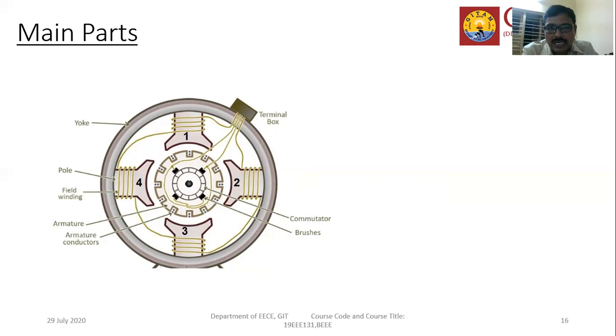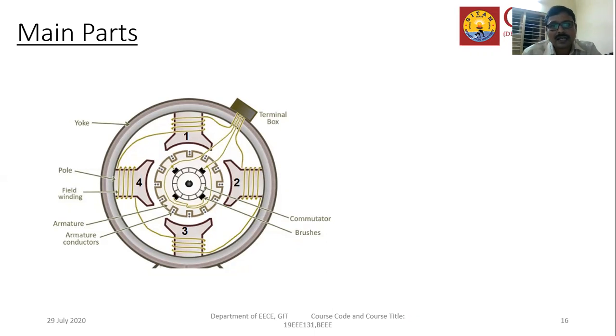Because of the rotation, the flux linking the conductors will change. As a result, you will have an EMF induced in all the conductors of the armature, right? So that is how a DC generator works, right?